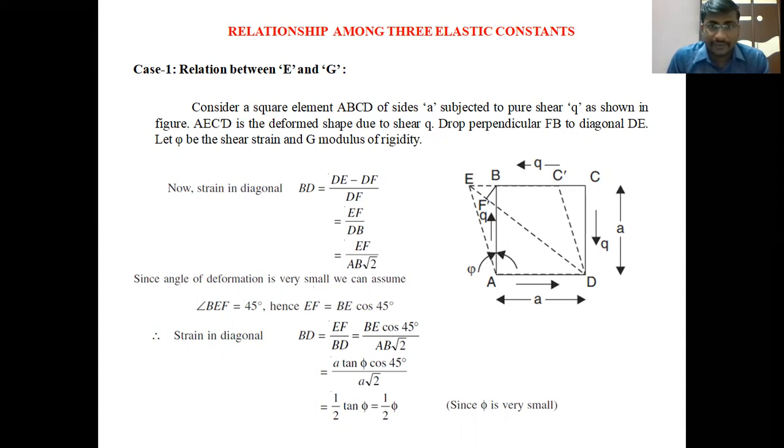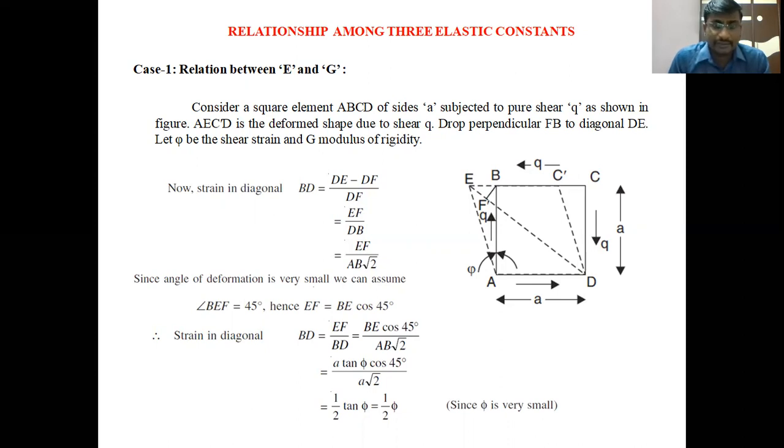First one, Young's modulus. What is meant by Young's modulus? How to define Young's modulus? Young's modulus is defined as the ratio of linear stress to the linear strain. Stress by strain is the Young's modulus.